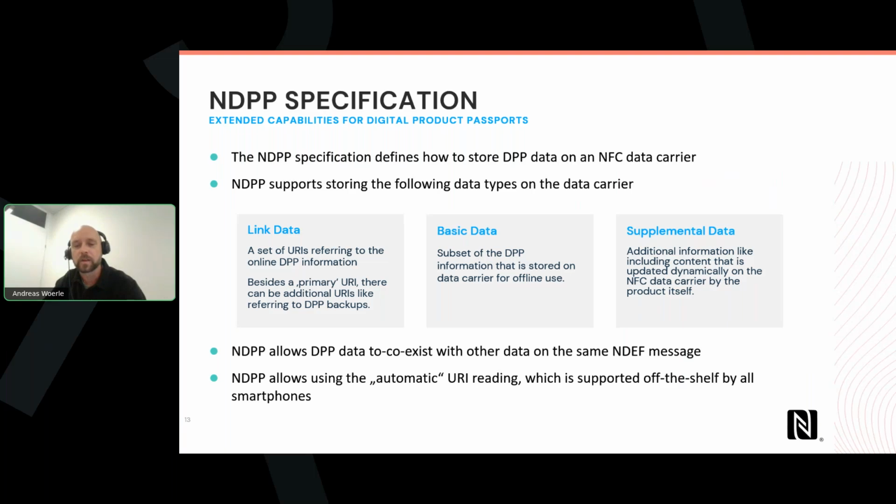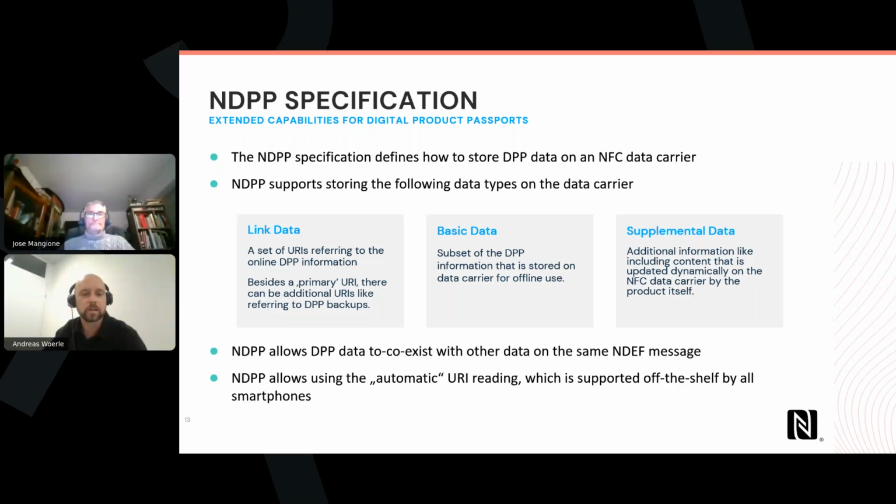Our record types, NFC Forum has defined as of today, we're not sufficiently covering all these defined data types, so we had to work on this a little bit, and we have defined 2 new data types, which is the multiple URI record and the NFC digital product passport data type.